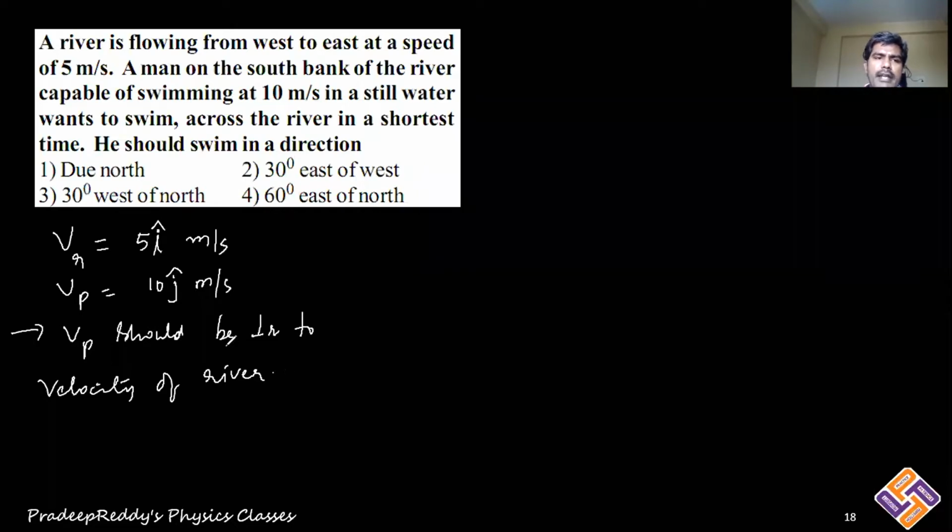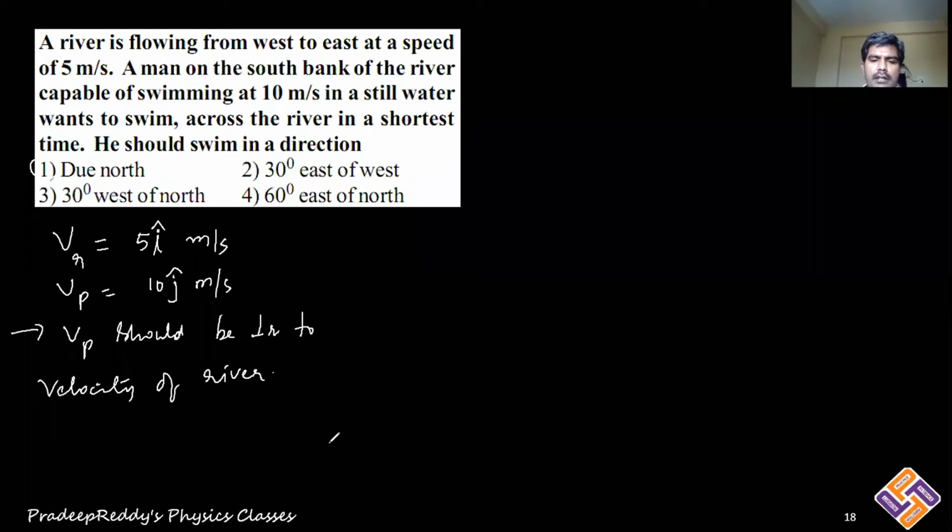So simply you can directly answer that it is due north. He should swim in the direction due north. That is the answer. The answer is completed, but let me find out at what angle he gets drifted when he is swimming in this case.